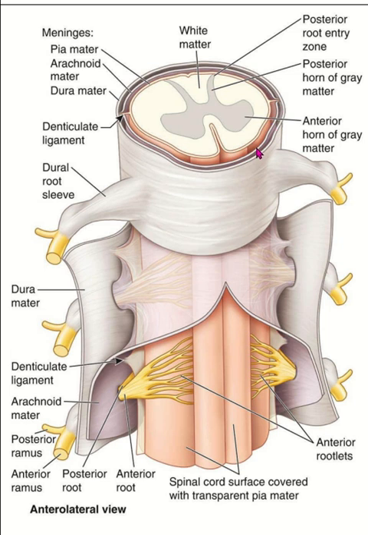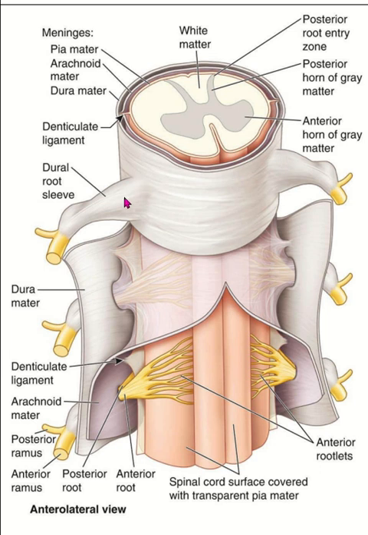This is arachnoid mater, this is dura mater, and in between arachnoid mater and pia mater, this is the subarachnoid space which contains CSF. And here another canal is present in the center, not included in this figure, the central canal, which also contains CSF.